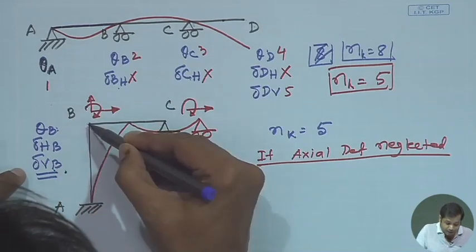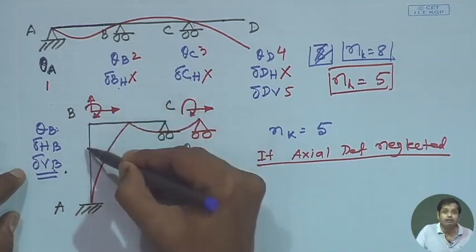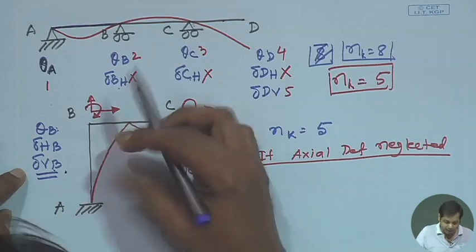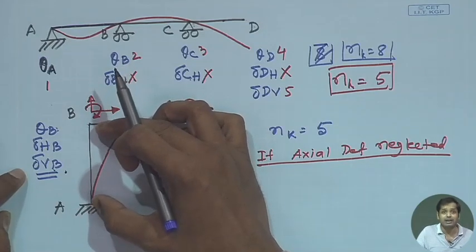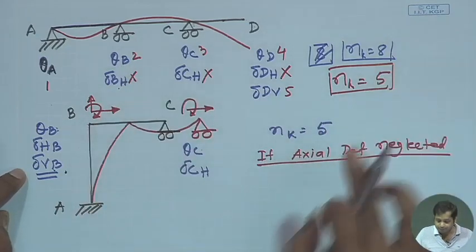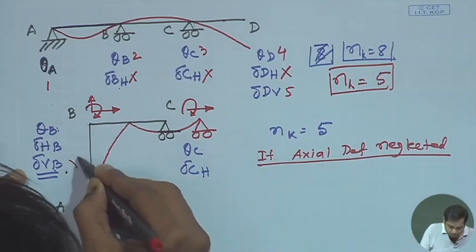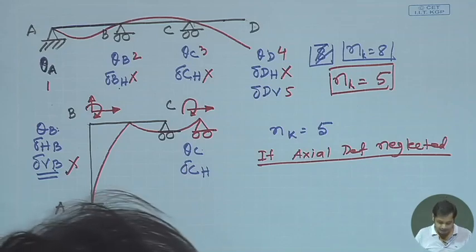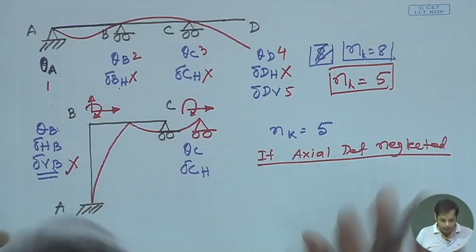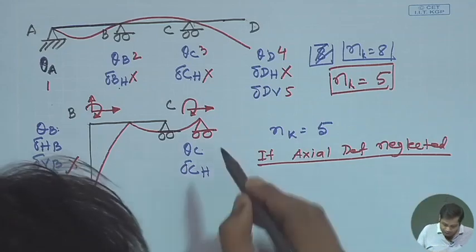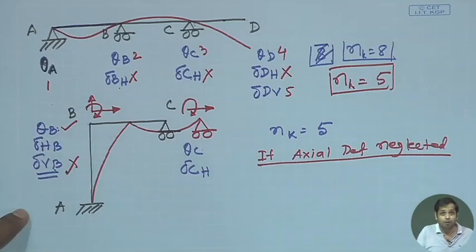Now, if we allow point B only to move in this direction, this will cause change in length in AB, this will cause axial deformation in AB. Now, if the axial deformation is neglected, then this cannot be possible, isn't it? Okay. Now, so delta HB is possible.